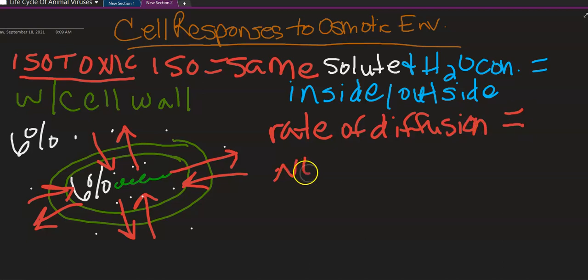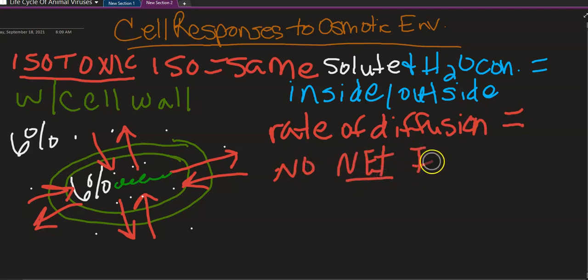So there is no net flow. Water still moves in and out, but at an equal rate, okay? So these arrows are indicating the water movement, the rate of diffusion.